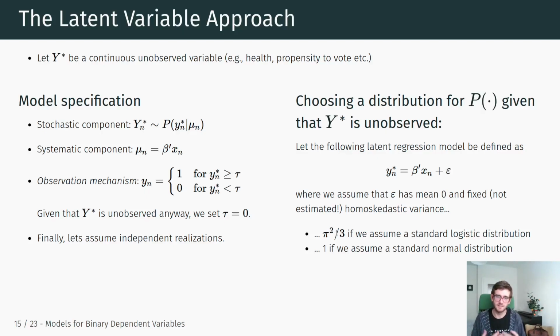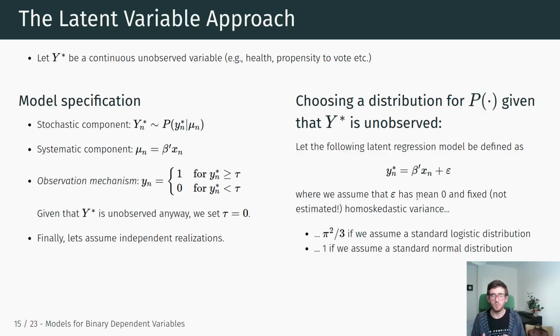This is again just an assumption about the underlying unobserved construct that we need to make in order for the model to be identified, right? And depending on what assumption we're making, we end up with a logit or a probit model, but the underlying quantities of interest and the substantive conclusions based on the model will be the same, right?